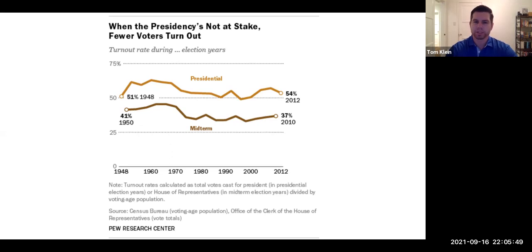I couldn't find a more recent one that I liked, but you can see how high the voting turnout is per year, usually averaging around 50 to 70% for presidential. Now this last year was around 68, 69%, which is very high. Midterm elections are quite a bit lower from this time period, around 40%.